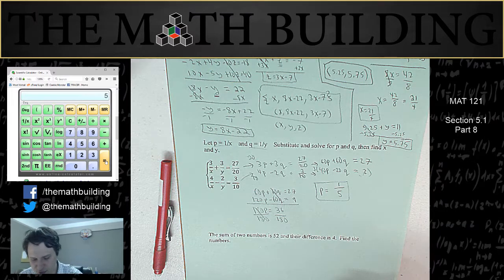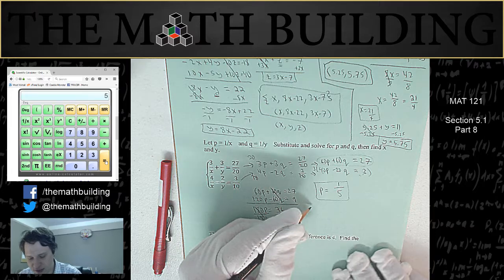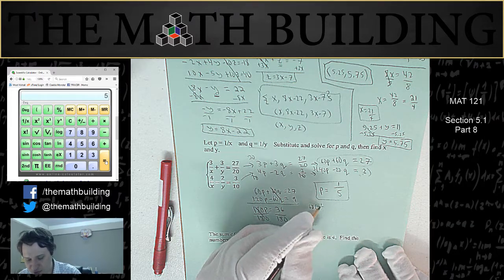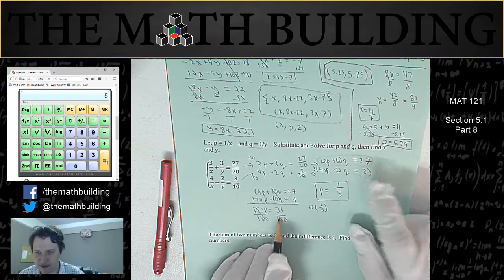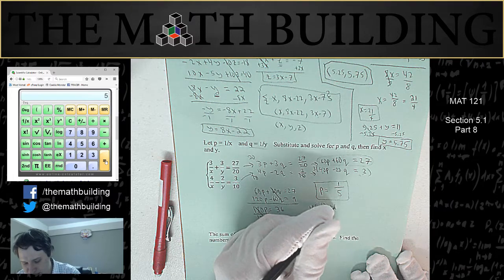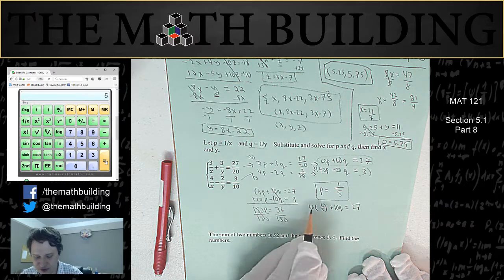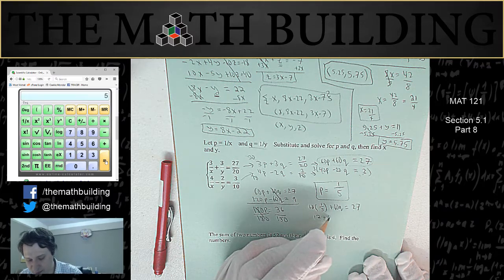Unfortunately, it looks like it's going to be a fraction potentially. Or maybe not. Let's plug it into the top equation. That's going to be 60 times p, which is 1 over 5. I just reduced it. So 60 times 1 over 5 plus 60q equals 27. This is nice: 60 times a fifth is 12.